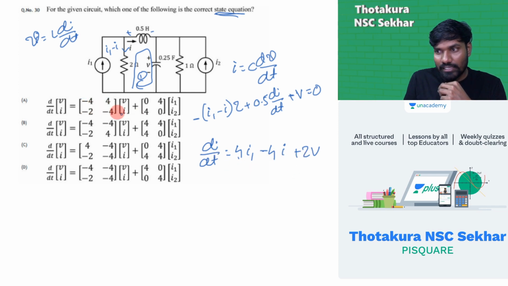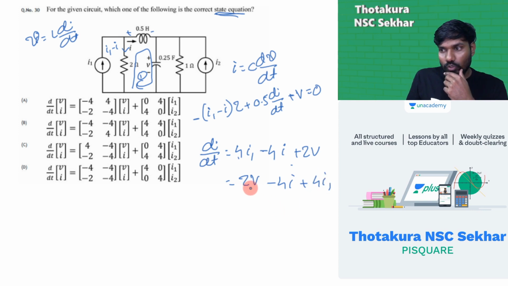So if I just write in this form, I'm just shuffling this. 2v minus 4i plus 4i1. 2, minus 4, plus 4. 2 for this di, the second row I'm talking about. If I put it in the matrix form, here you'll get 2. Minus is there, minus is there, minus is there. All are having minus. Then we have done something wrong, obviously.